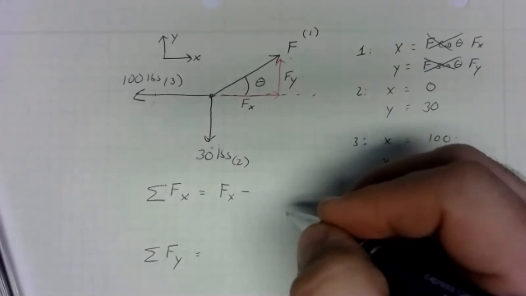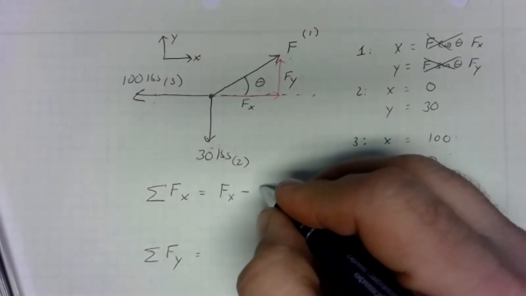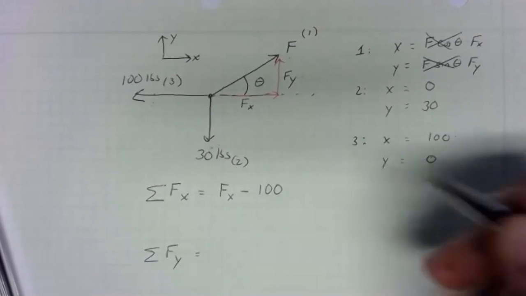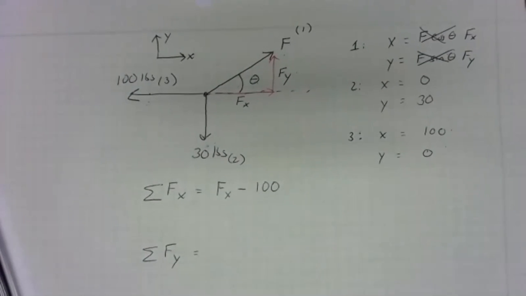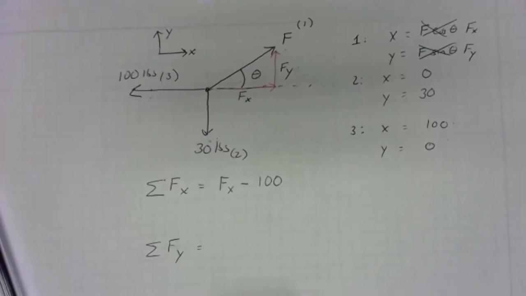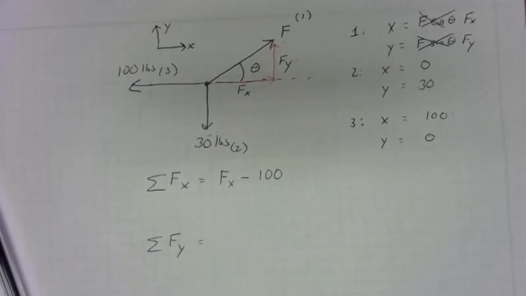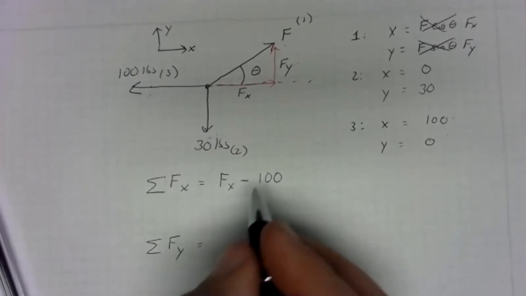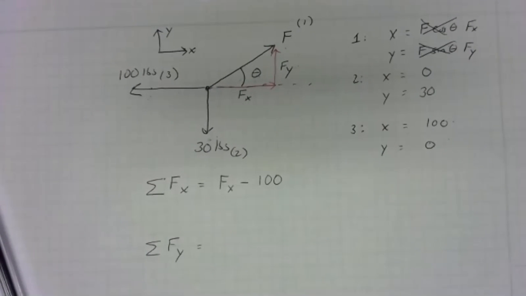So it goes into the sum negative. So I have Fx minus 100. That's my sum of forces in the x direction. If I had a number for Fx, I would just subtract off 100 and that would give me my answer. But I don't have a number for that, so I have an unknown. I can't reduce this down to anything simpler.